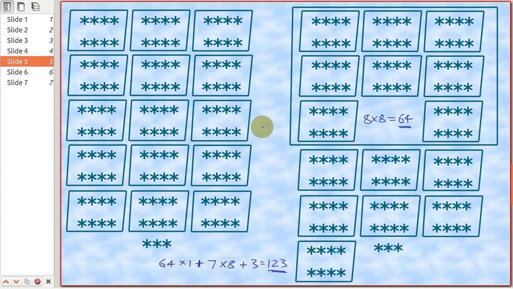So if you think about it, if you divide 123 repeatedly by 8, what do you get? When you first divide it by 8, you get 15, and you get 3 here. When you again divide it by 8, you get 1 and 7 here, right? So this is 173 in octal, right?